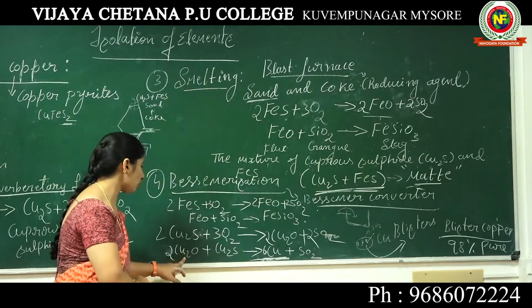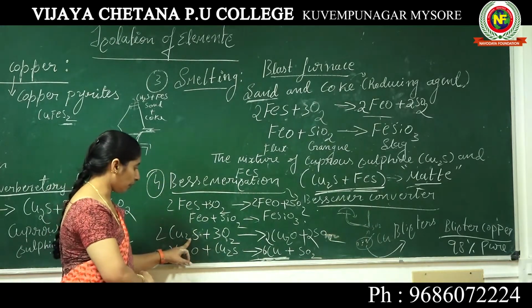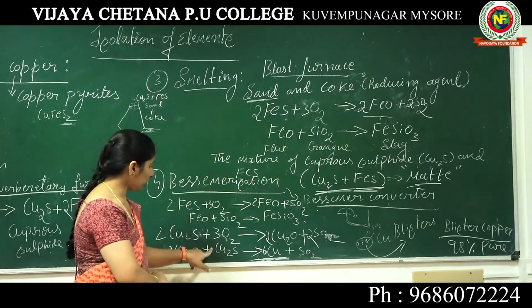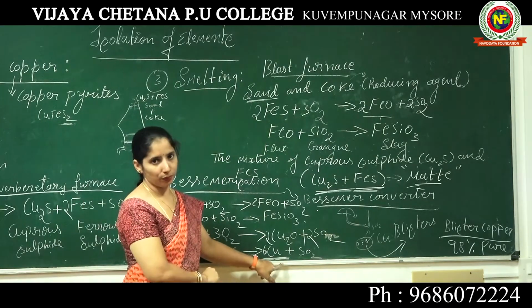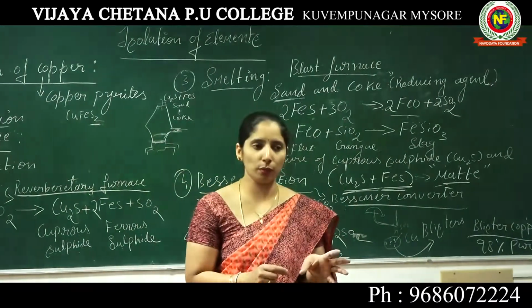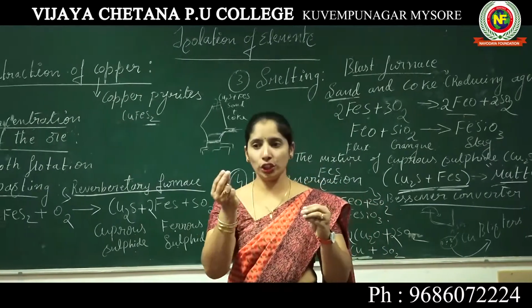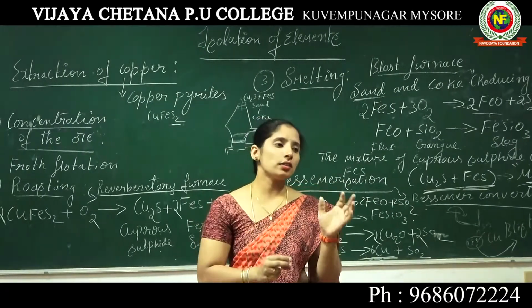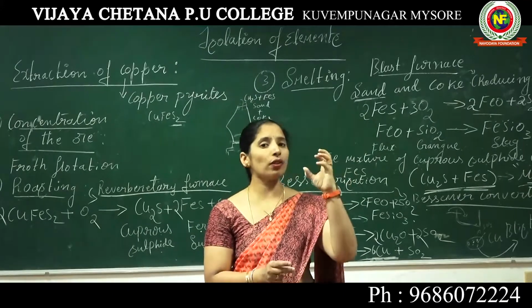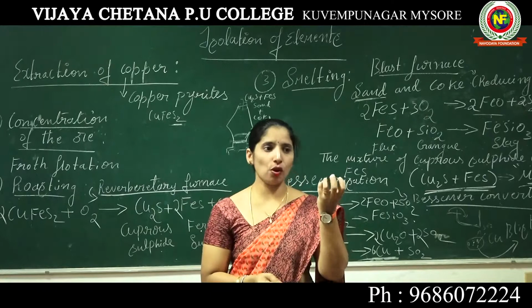Then this cuprous oxide reacts with Cu2S, cuprous sulfide, and both react to give copper. This copper is poured into molds and allowed to cool. What happens? The moisture and sulfur dioxide gas escape from the copper. What is formed?